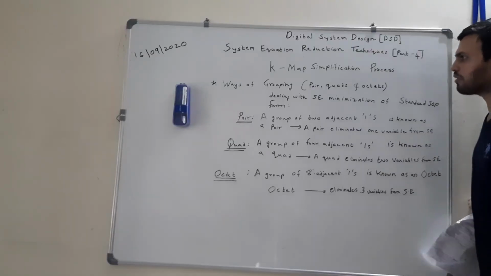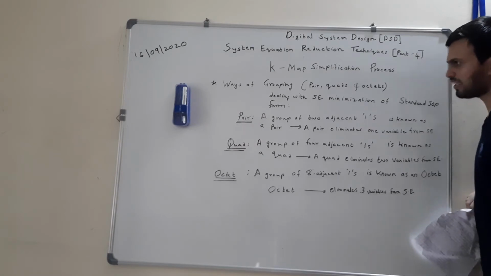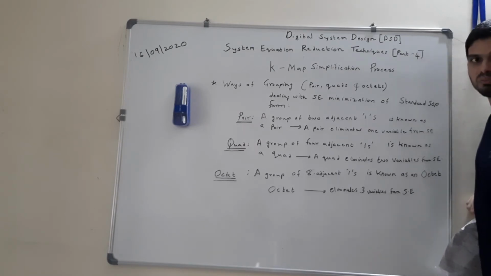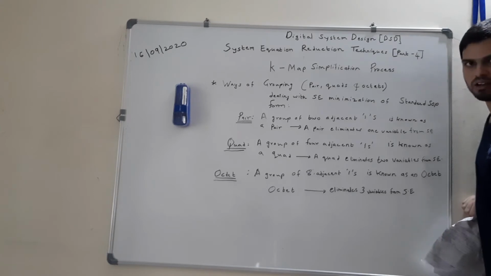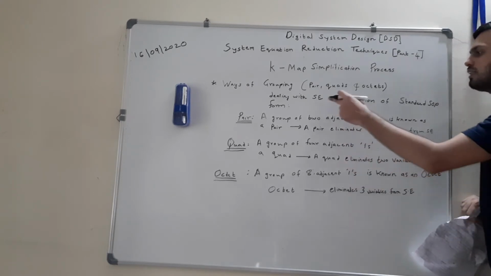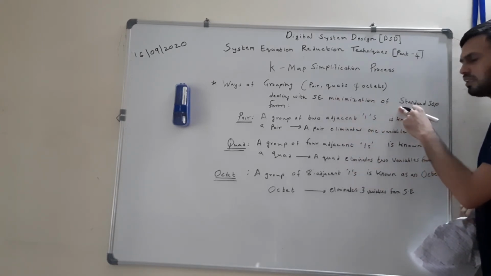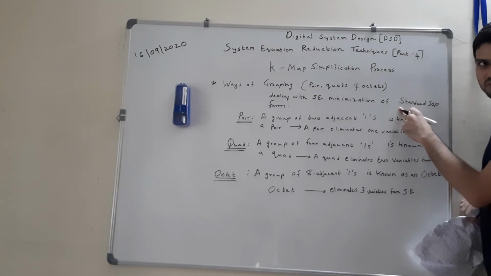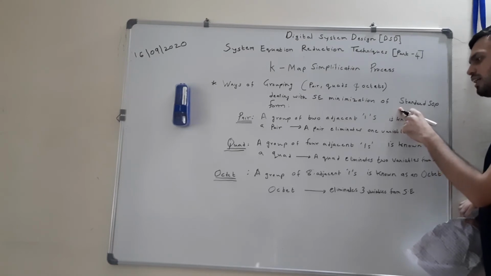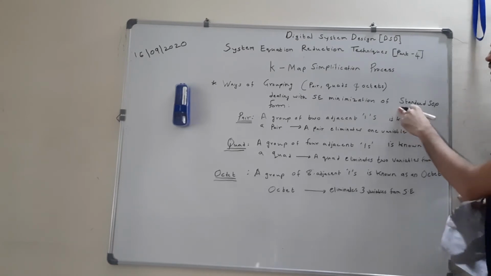So the next important concept in K-map simplification process is we have to group the number of ones together. Why ones? Because we are dealing with system equation minimization, which is given in standard SOP form. That's the reason we are grouping ones. So what are the ways in which we can group in K-map? These are the 3 ways.